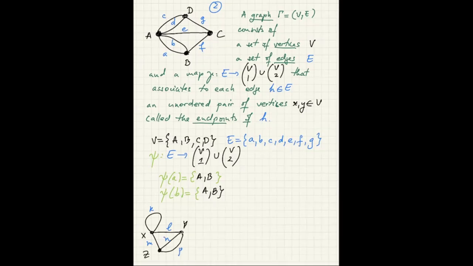So for this graph that I have at the bottom, the vertex set consists of 3 dots, X, Y, and Z. Now the edge set consists of these connections between them, K, L, M, N, and P.